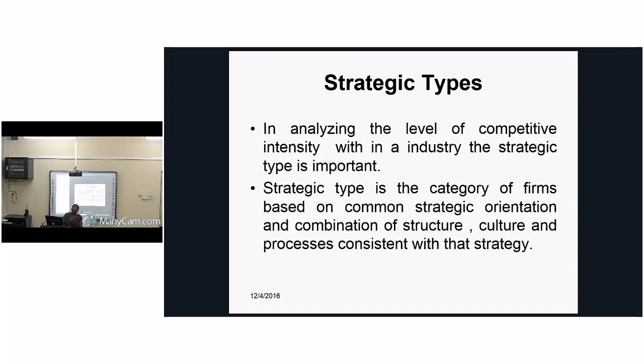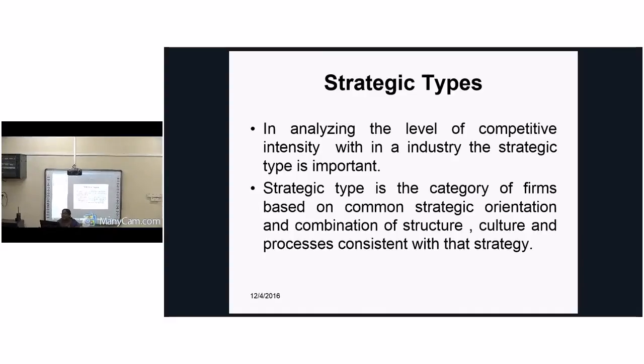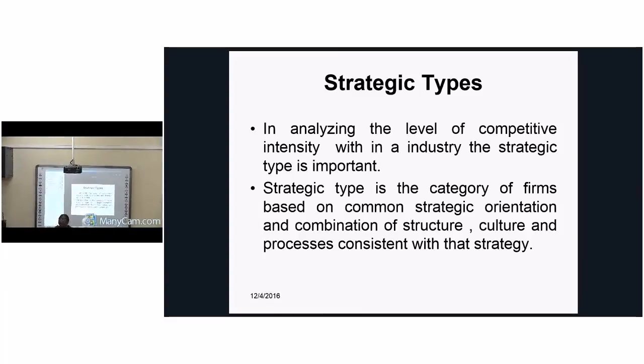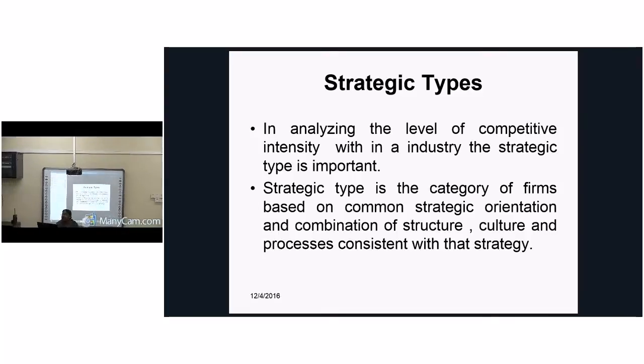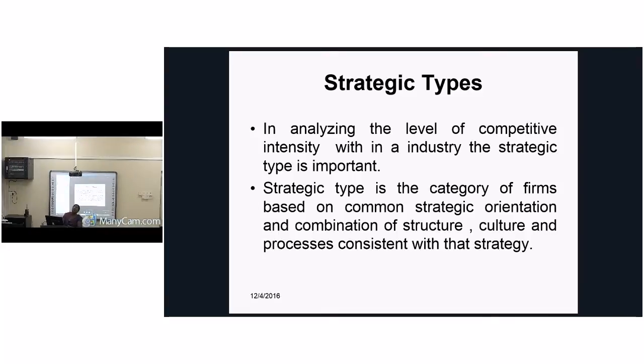Then strategic types. In analyzing the level of competitive intensity within the industry, the strategic type is again important. So, strategic type is important in understanding the competitive intensity. Strategic type, like strategic grouping.